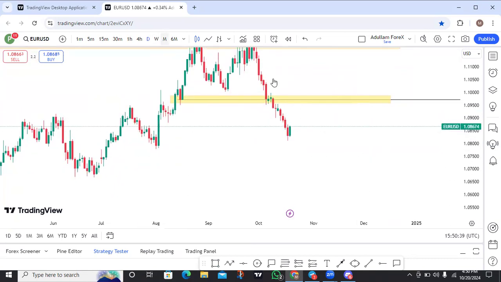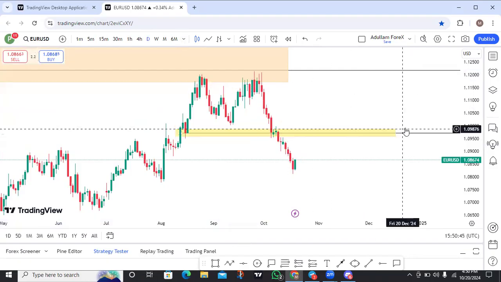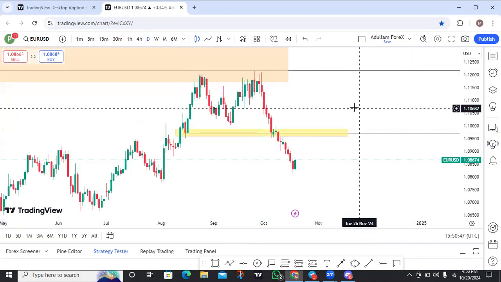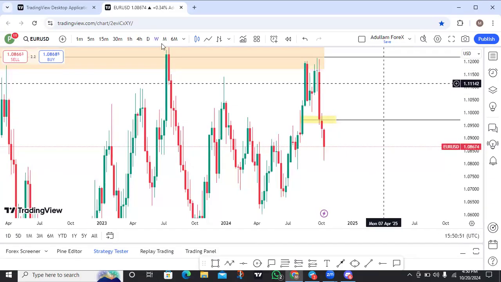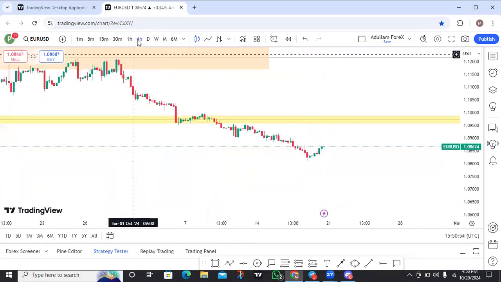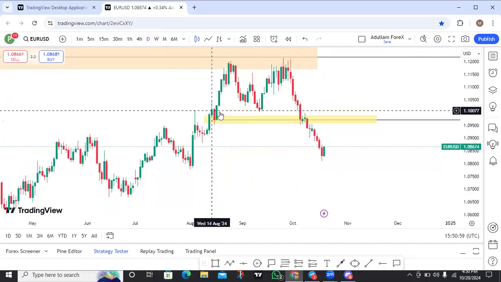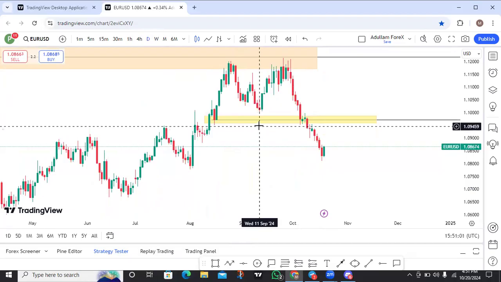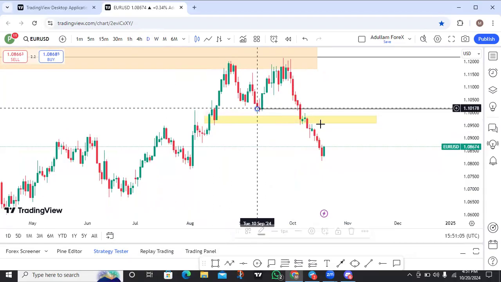So let's look for confirmation. If the market is to retrace bullish, to start going bullish, where is the market going to activate from? So I can also see this level here. Let's go to this blind spot. Was this blind spot activated? Guys, let's check this blind spot.